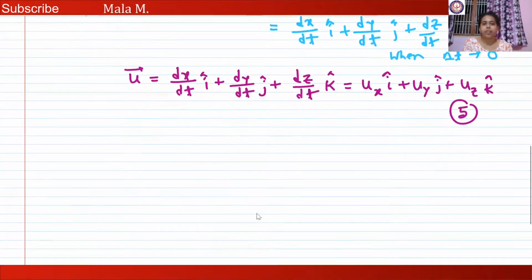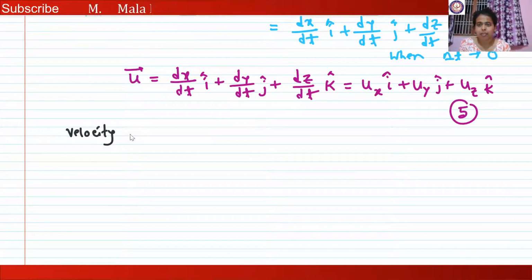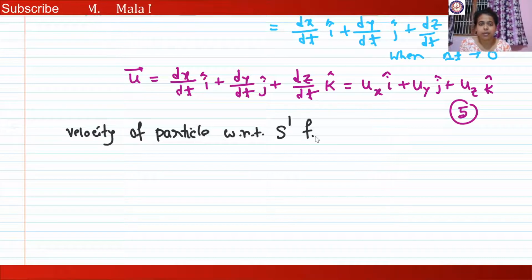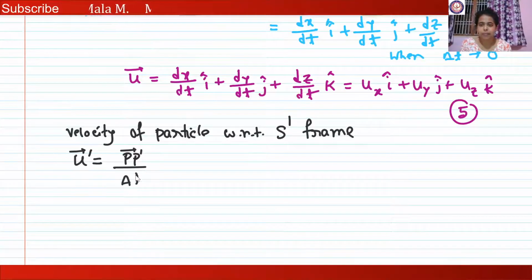Now we will find out the velocity of the particle with respect to S prime frame. So similarly, I will define the velocity as simply u prime, since it is the S prime frame. It will be displacement by time.